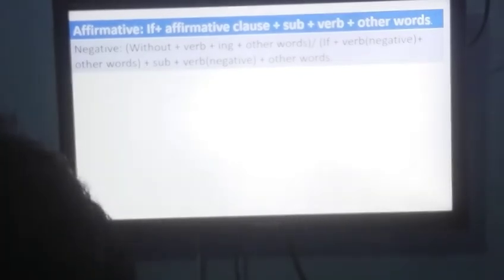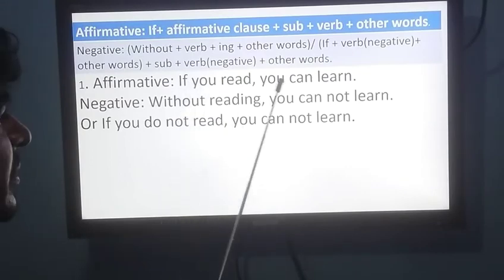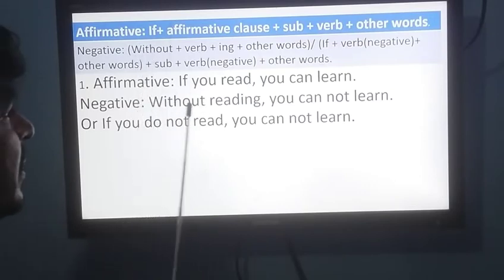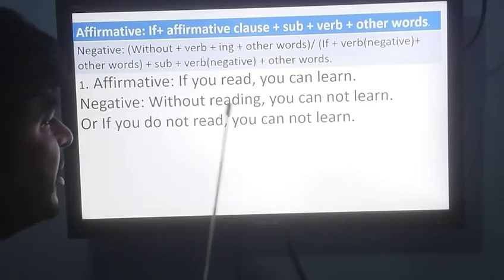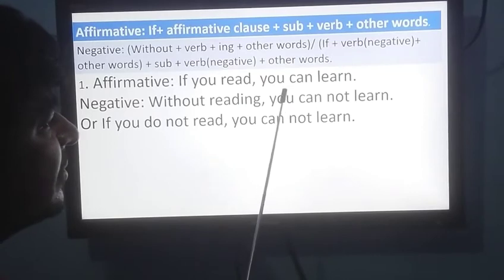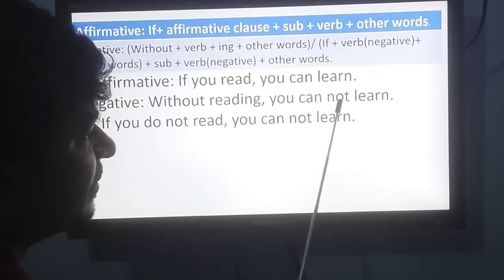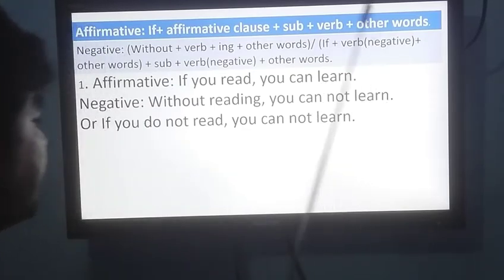Okay, now take an example. If you read, you can learn. So first you have to use "without". So we have used "without", then verb plus "ing", "read" is the verb, read plus ing, "reading", then subject, then negative verb, "can" has become "cannot", then "learn", the other word of the sentence.